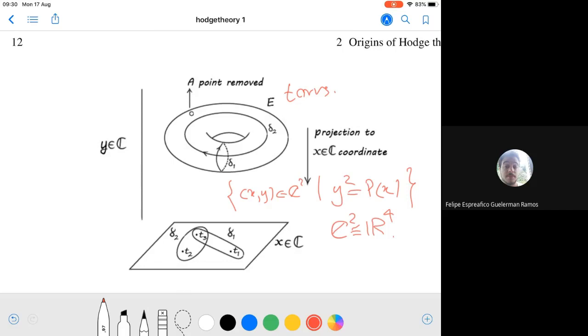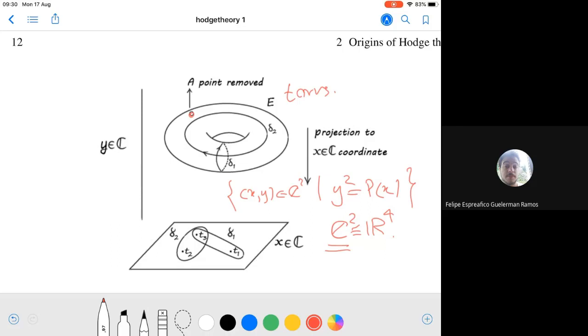Something that during the course we will understand is that it is actually a torus with one point removed, which has to do with the fact that C2 is not compact. Usually in algebraic geometry, even in topology, we would like to compactify the objects, and when we compactify, we will see that E is a torus minus 1 point.